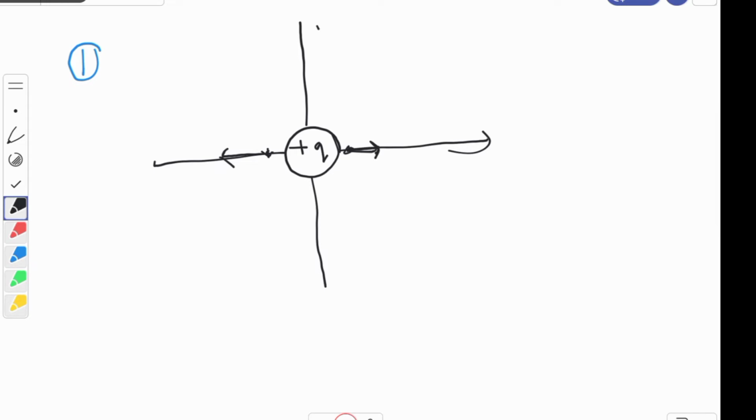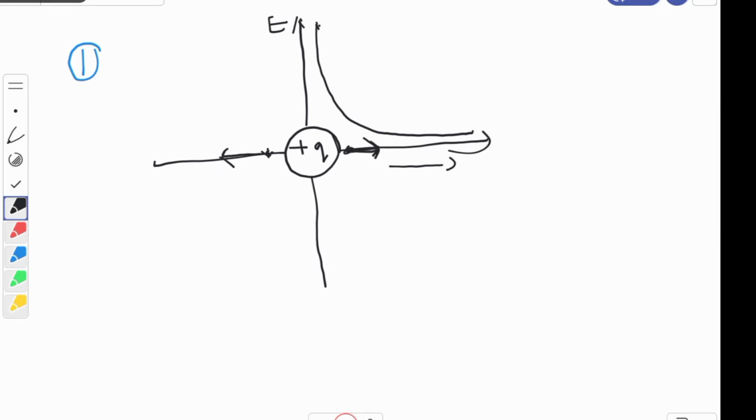So towards right means we will plot the graph of electric field in the positive y-axis, and just near to the charge, the electric field will be maximum. And when you keep on increasing the distance, your electric field will decrease. Is it clear why you are plotting the graph in the positive y-axis? Since your electric field direction is towards right.